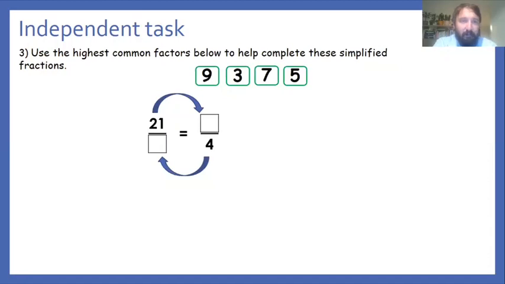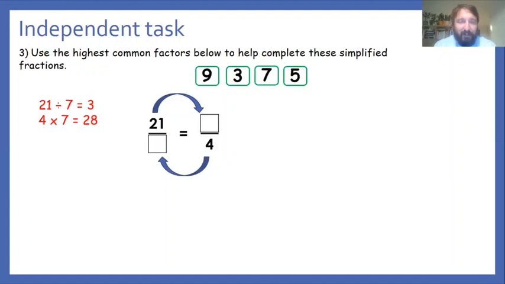So I'm going to divide down. 21 divided by 9, that's not going to work. 21 divided by 3 would give me 7, but then 4 times 3 going up would give me 12. That wouldn't work.